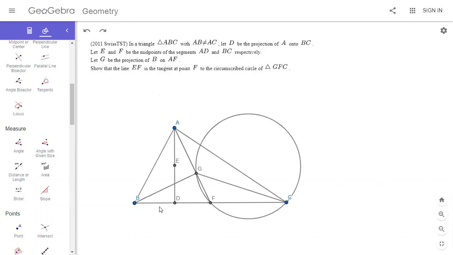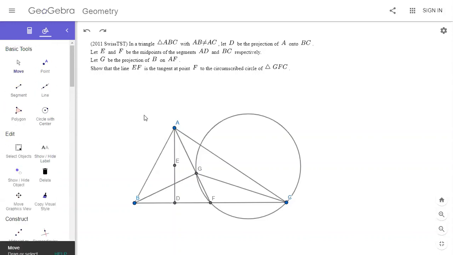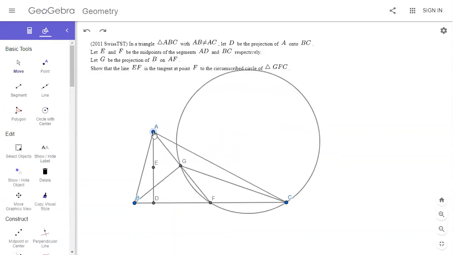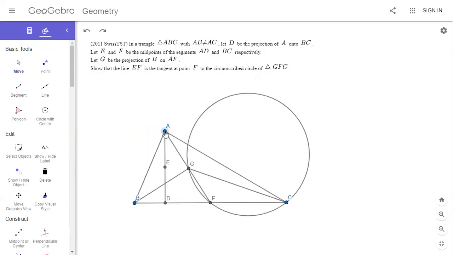How do we get AFD to be similar to something? If dropping the perpendicular from C to AF doesn't work, is there some other kind of perpendicular? I think we have to show C, G, and E are collinear. Is that true? No, not necessarily.